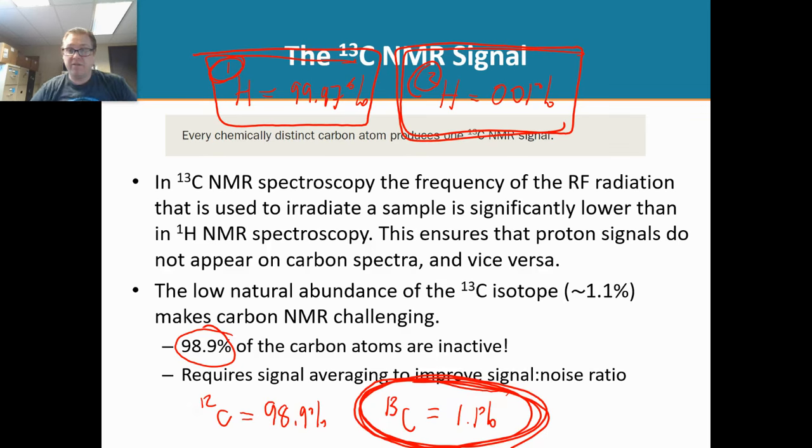For example, if you had a molecule and did a proton NMR, you could have it in like 30 seconds to a minute, really, really fast. But a carbon NMR is going to take much longer, 20 minutes to maybe 2 hours. It just takes a lot of time due to the low abundance of NMR active atoms.